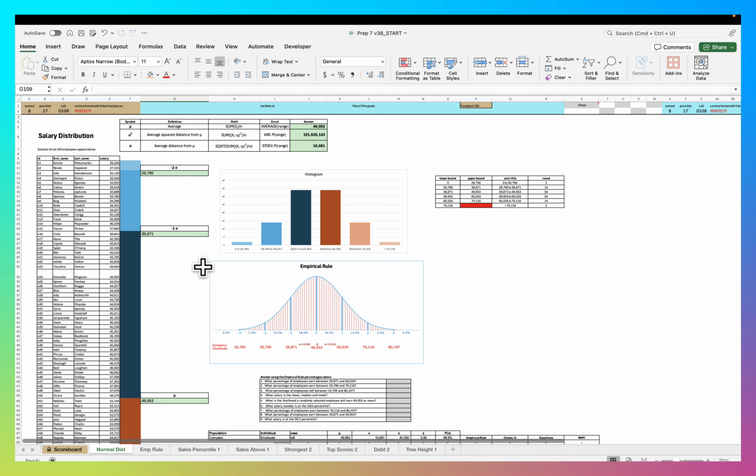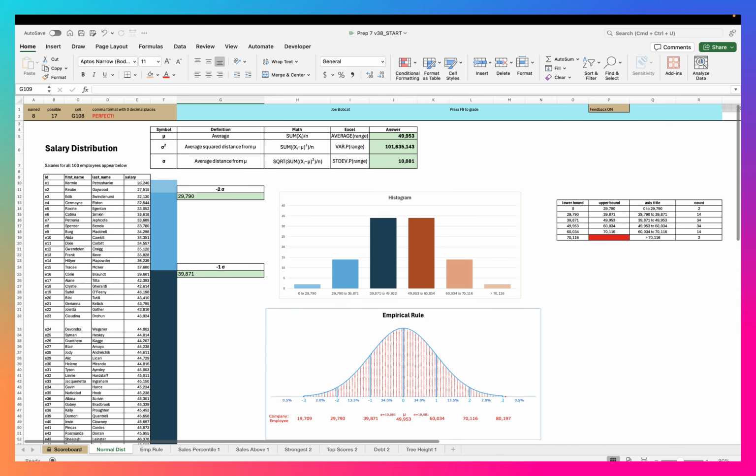And this is the way that most things in the world are distributed. It's called normally distributed. And if you look at it, let me zoom in a little bit more. Typically we don't show it like this, but rather we take the gaps, we make them smaller, smaller, smaller.